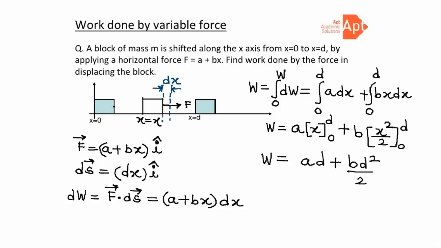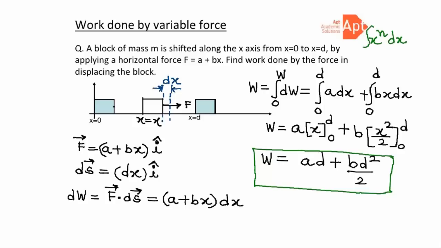So this is the work done by the variable force in this case. Please remember that whenever we are trying to find the work done by a variable force, we have to take the integration into account. Here the integration which we followed was the integral of x to the power n dx, which is given as x to the power n+1 upon n+1 plus constant c.